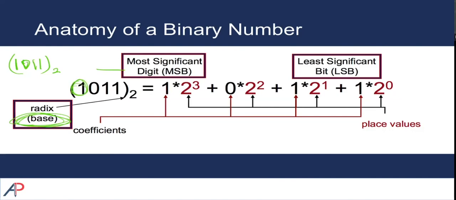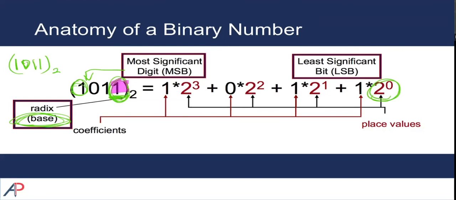The leftmost digit represents the most significant bit, and the rightmost digit is what we call the least significant bit. And as you can see, this is exactly what we just talked about. We have our place values. 2 to the 0 is the rightmost digit, so it's this one right here.